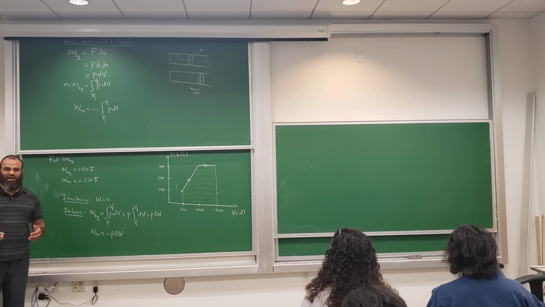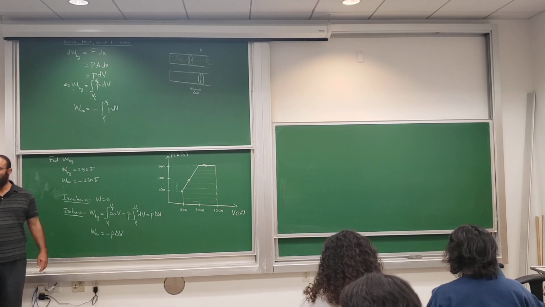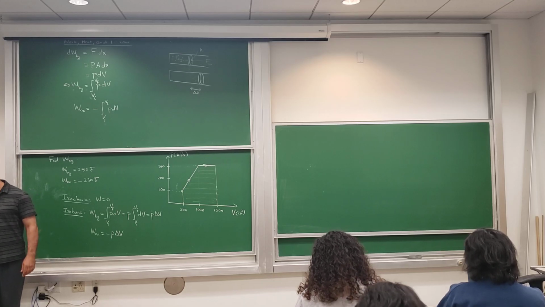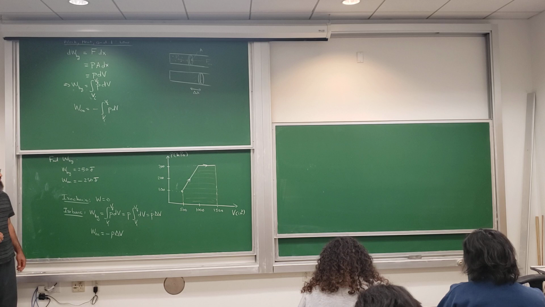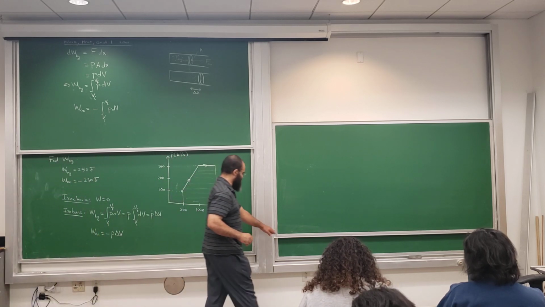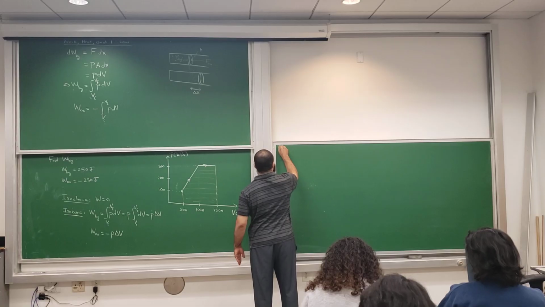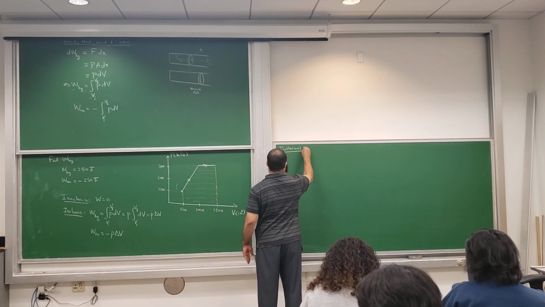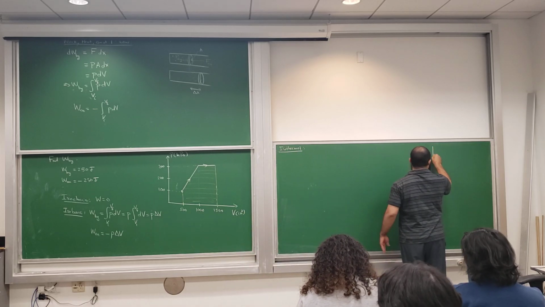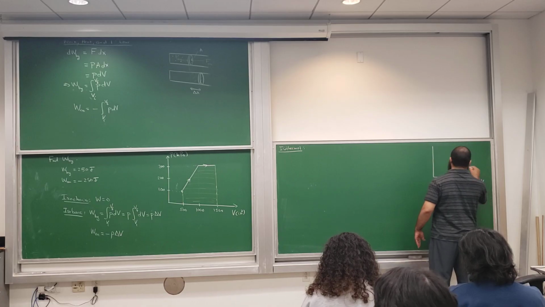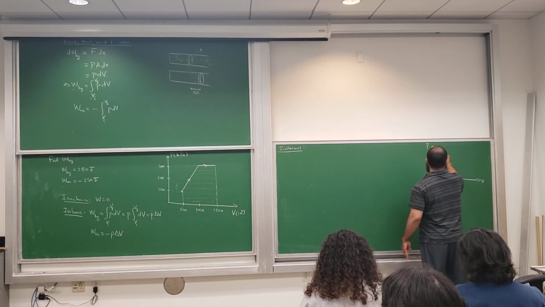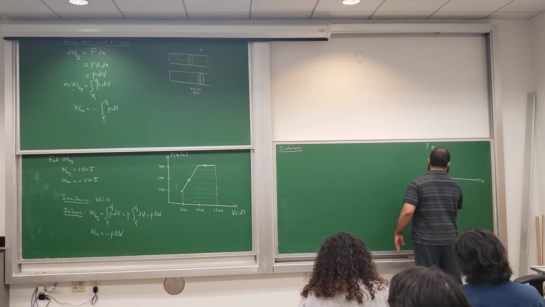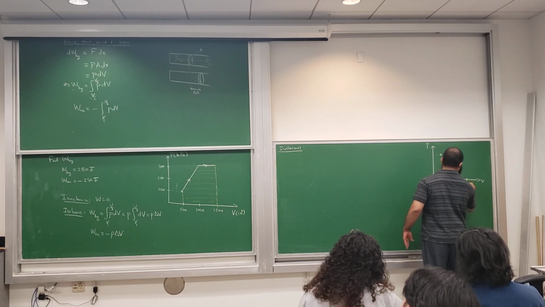For isothermal is where we actually have to do something. Let's do now the work done in an isothermal process. So isobaric, isothermal is the next. Remember how isothermal looks like. Here's V, here's P, here's the initial, and here is, let's say, V final.